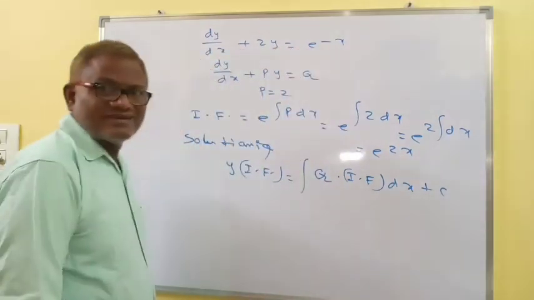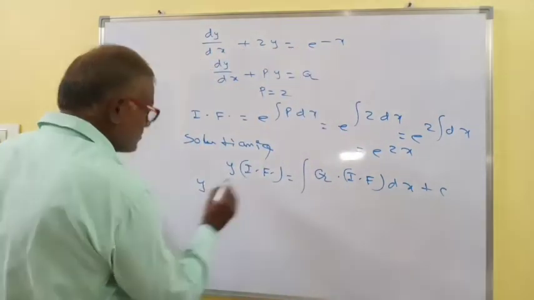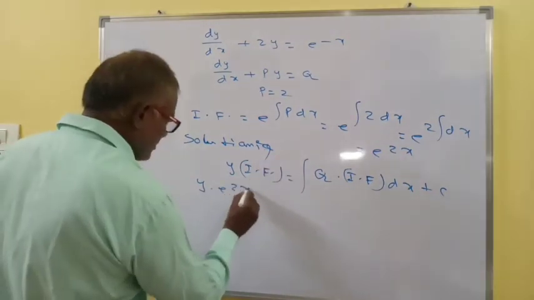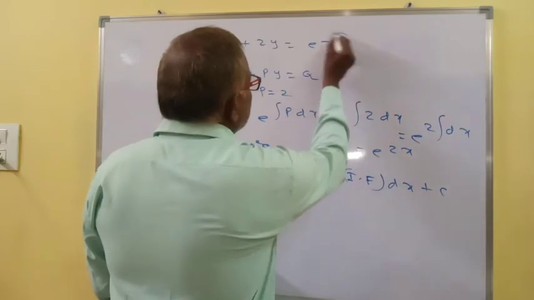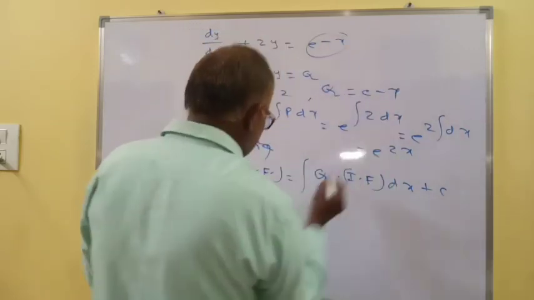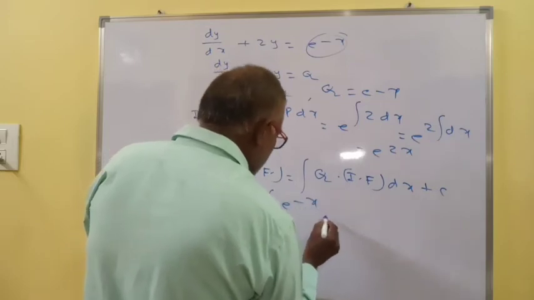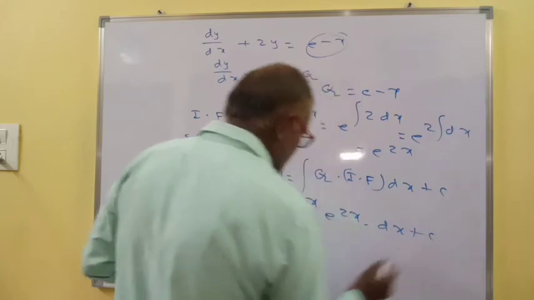Remember this one. This is the solution. Now y into e power 2x. Next, here Q is equal to e power minus x. So e power minus x into e power 2x dx plus c.